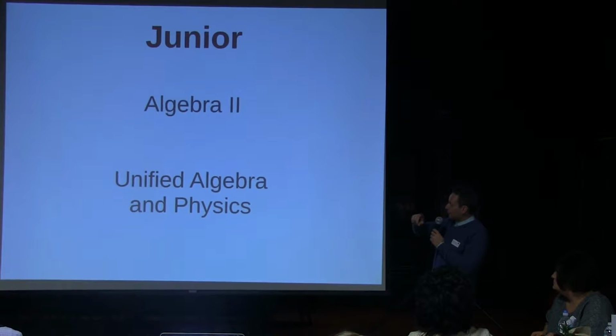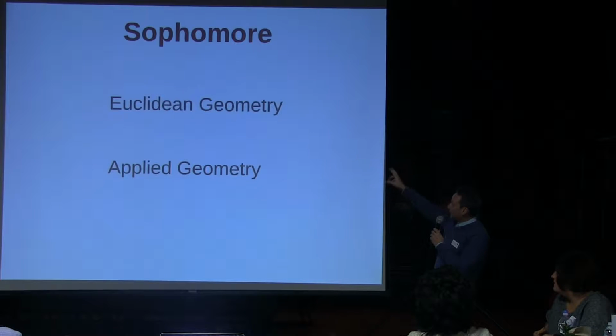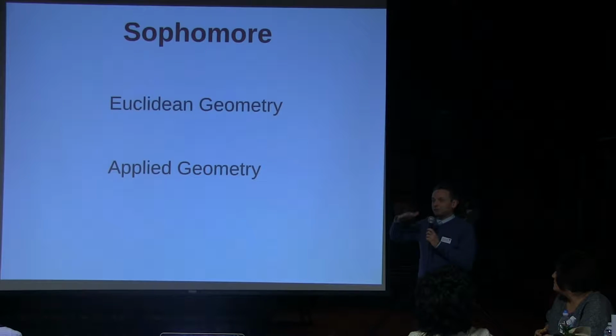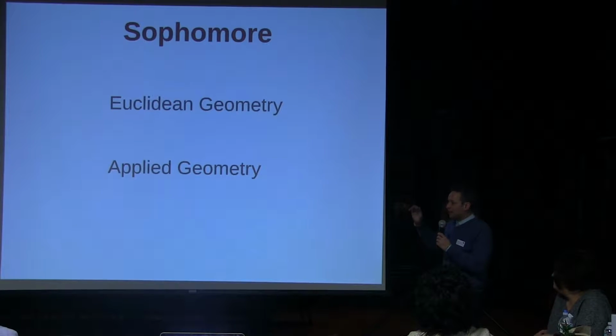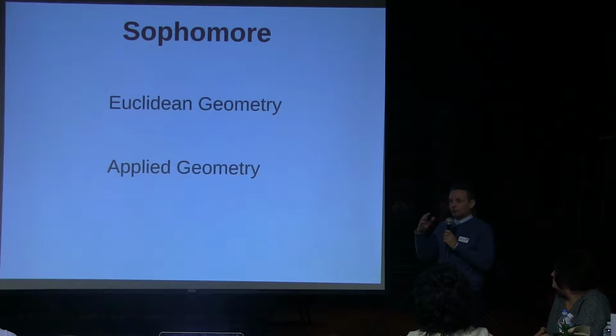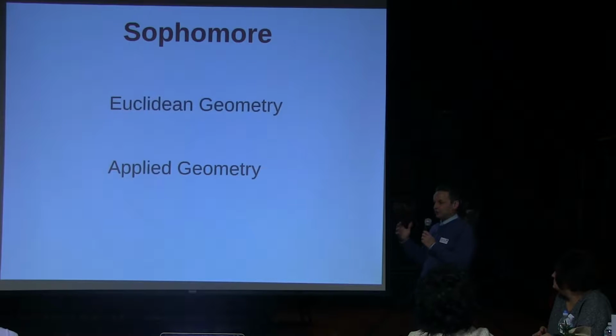If you go back for just one sec, Steve, at sophomore year, if you were to take Geometry, there are 2 different versions, 2 different flavors of geometry you can take. There's the standard Euclidean geometry, which we have been offering for a number of years, and there's a new course in geometry called Applied Geometry that we're offering for the first time next year.